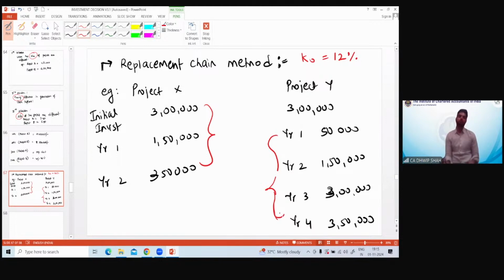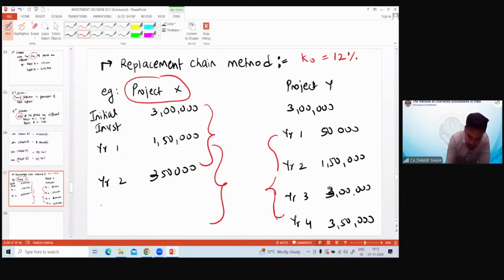So these projects are not at parity, and there is no comparison between them. To make them comparable, what do we need to do? Can I say I can undertake this entire project X one more time so that it becomes comparable with project Y?